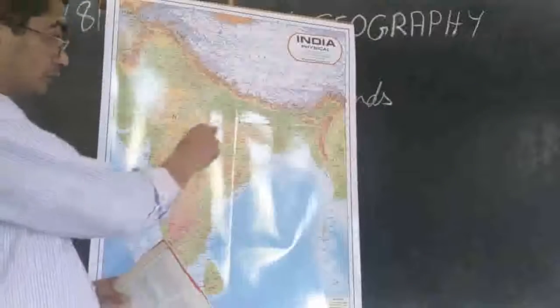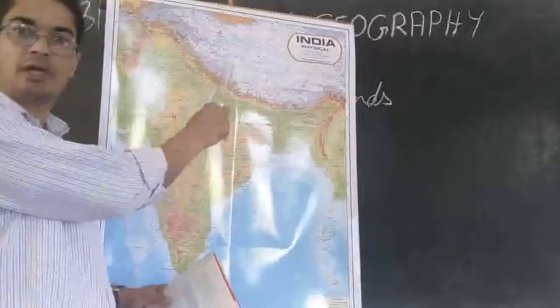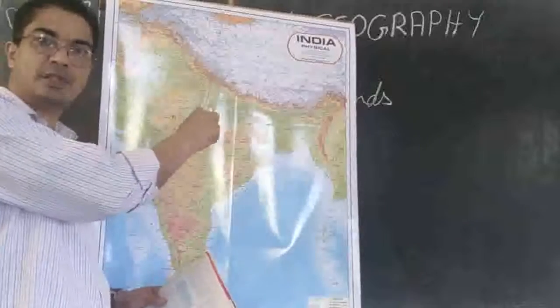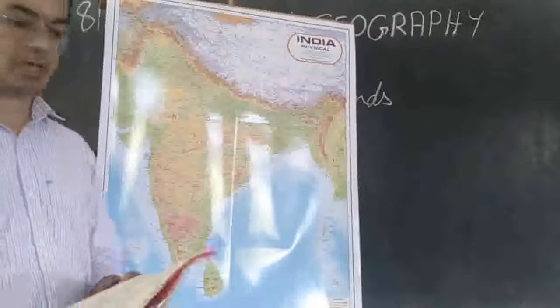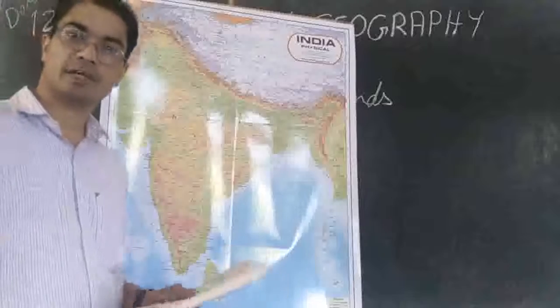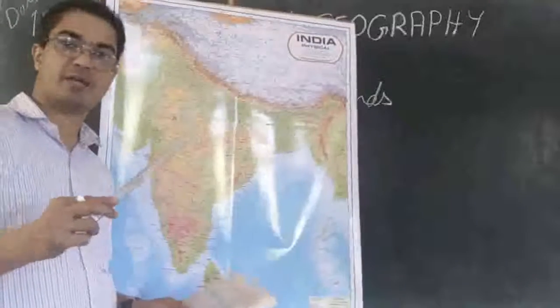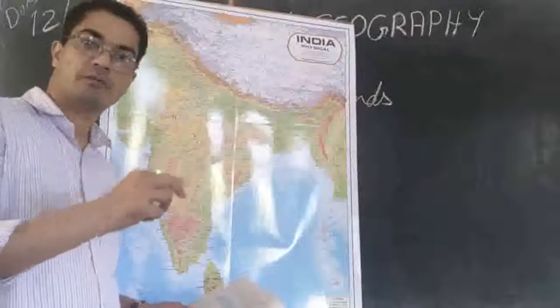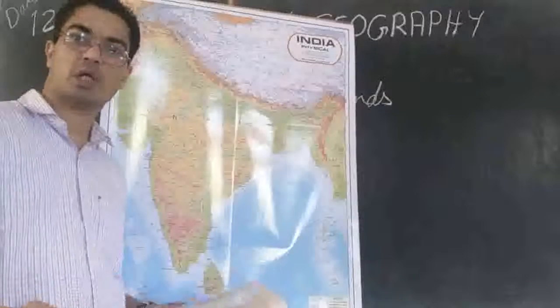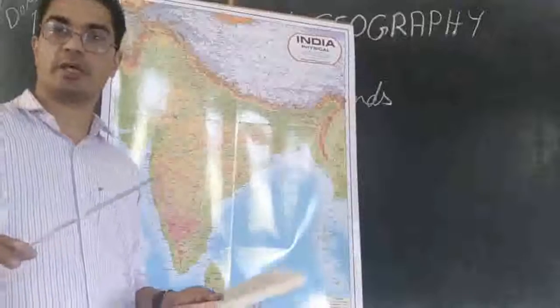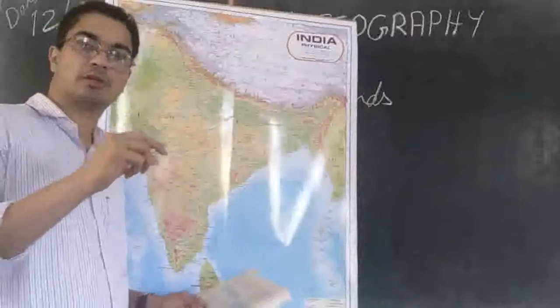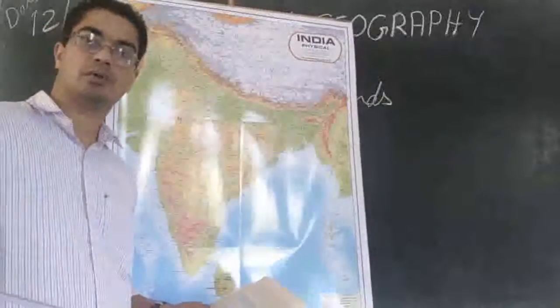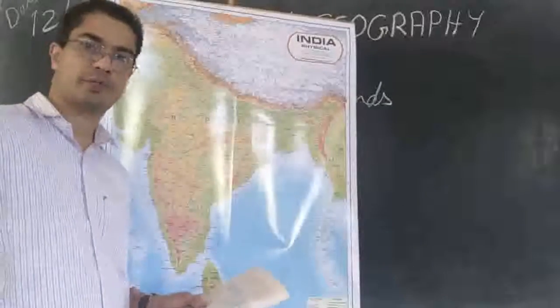And we said in the last class, where there is high pressure, the wind will start blowing from the high pressure area to the low pressure area. That is the nature of the air.